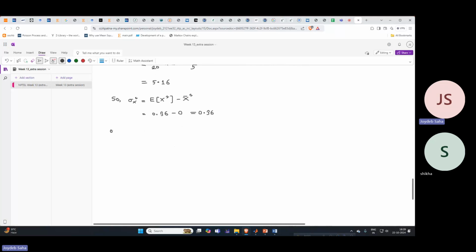and sigma y square is equal to expectation of y square minus y bar whole square.